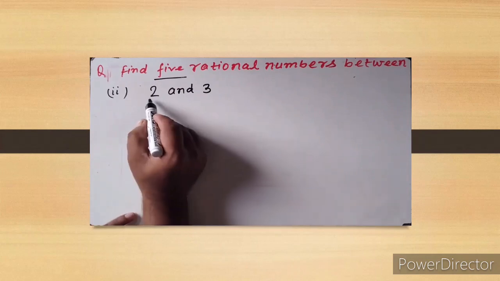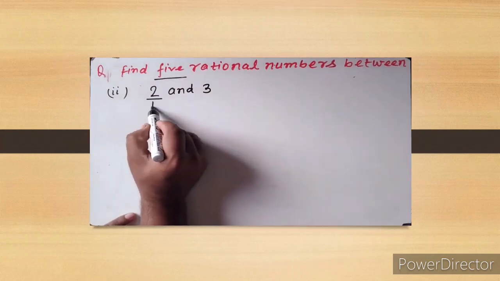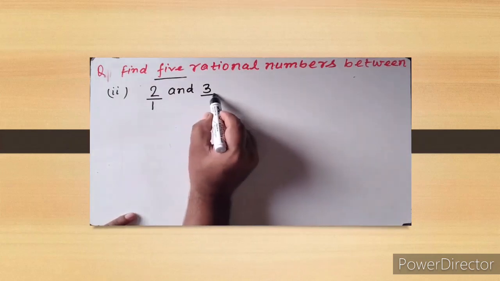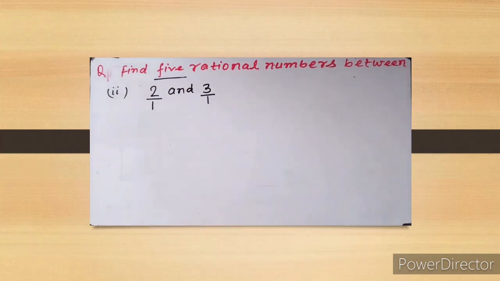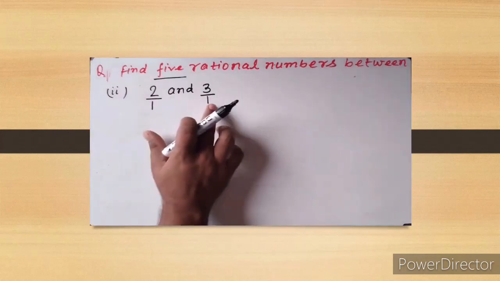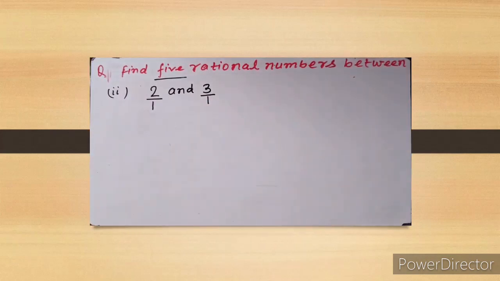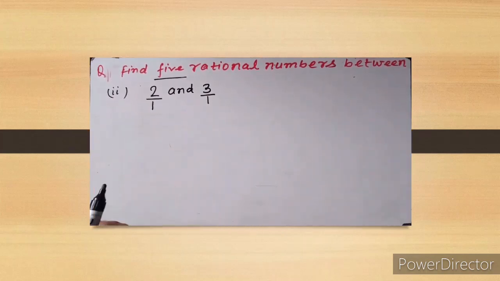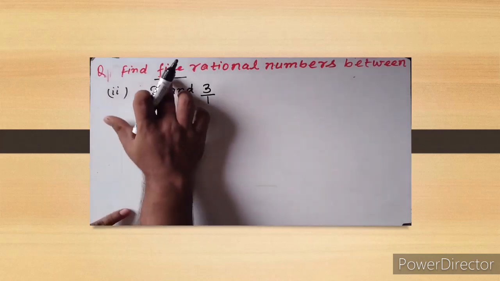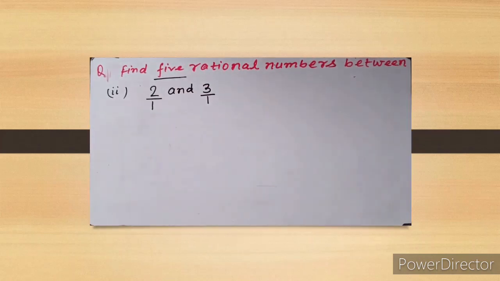Here in the denominator, if you see, we can write 1 as the denominator of 2, and in the denominator of 3 also we can write 1. Now already over here denominators are equal, so we need not equalize the denominator. Only what we will do in this question, we have to find 5 rational numbers.